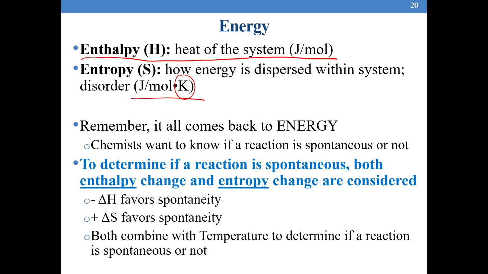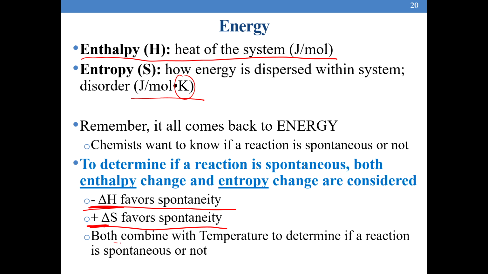Remember, it all comes back to energy. We want to know the energy of a reaction. Chemists want to know if a reaction is spontaneous or not. Is this going to occur on its own, or do I need to add some extra component to get the reaction to actually take place? A negative delta H favors a spontaneous reaction, and in general, a positive delta S favors a spontaneous reaction.